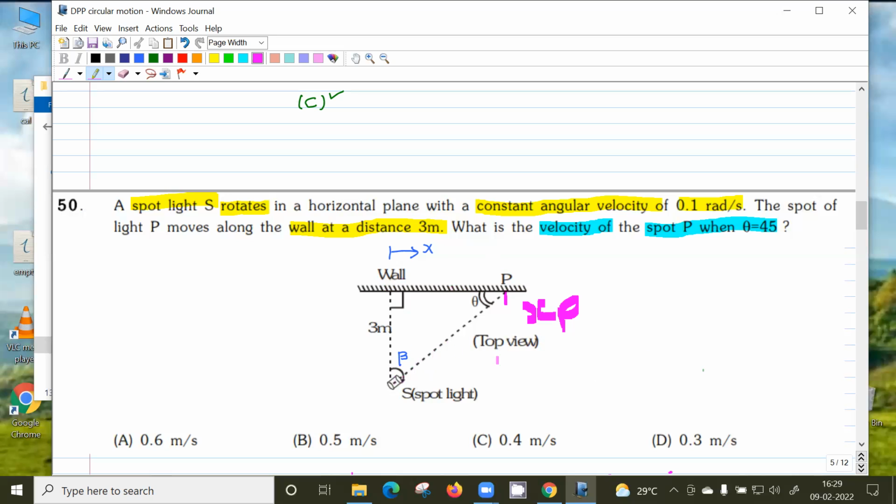Beta is a function of time. So the derivative of tan beta is secant square beta d beta by dt equal to dxp by dt. And d beta by dt is known. d beta by dt is how much? 0.1 radian per second. From that we can find dxp by dt. You understood what I said? Yes, sir. Okay, just write tan beta equal to xp by 3 and then differentiate both the sides with respect to time.